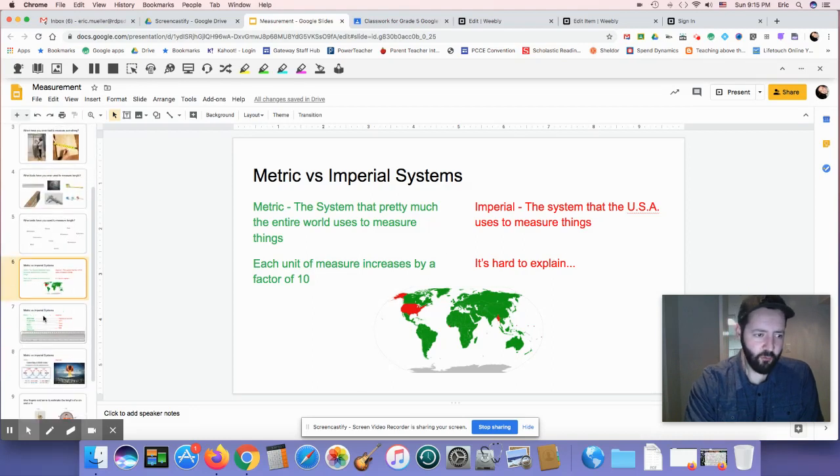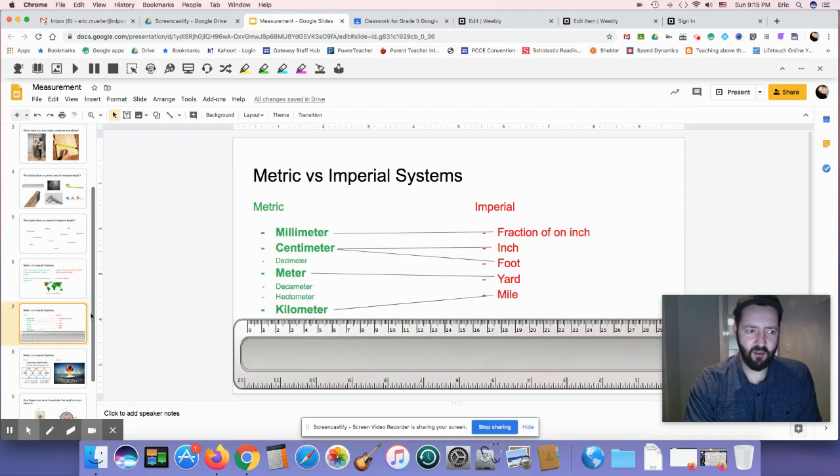So knowing that there's two systems that our world uses, that may help us to understand why we have so many different units to choose from. So what I've done is I've broken up all of these words that I had on my word wall. And under the metric system, you'll see there's millimeters, centimeters, decimeters, meters, decameters, hectometers, and kilometers.